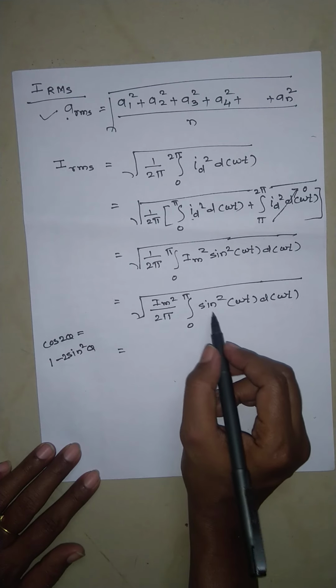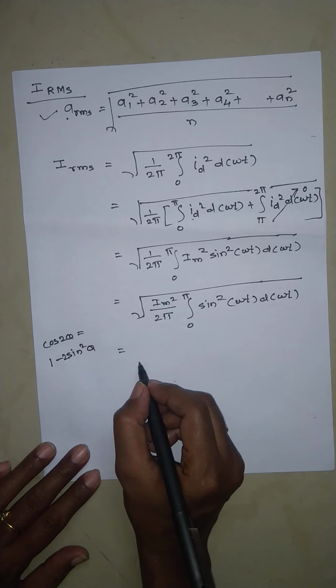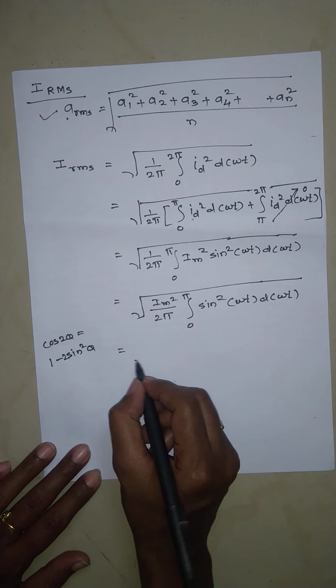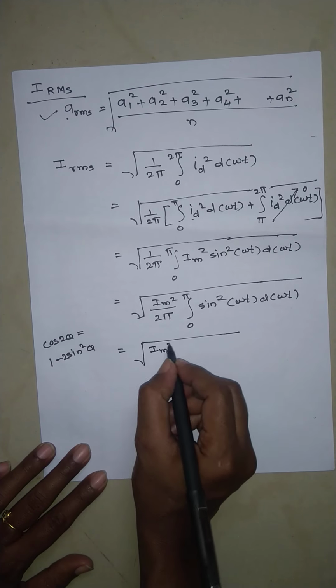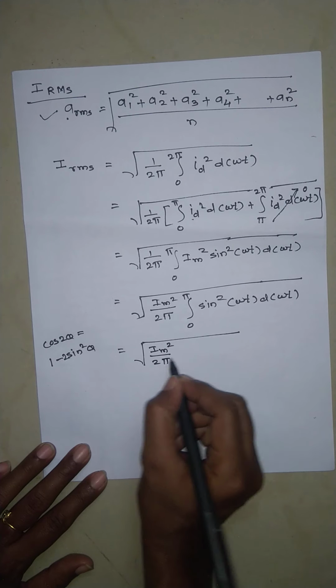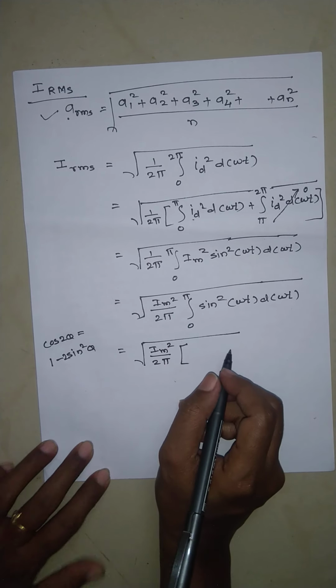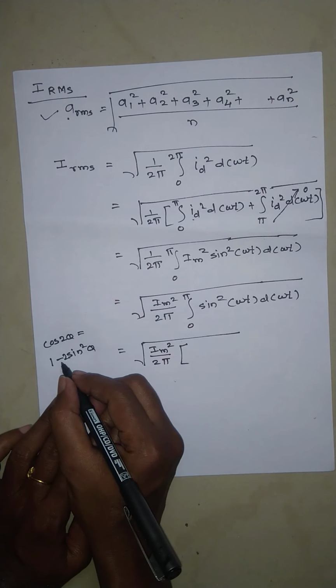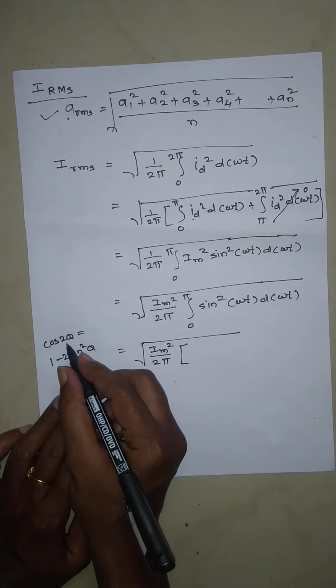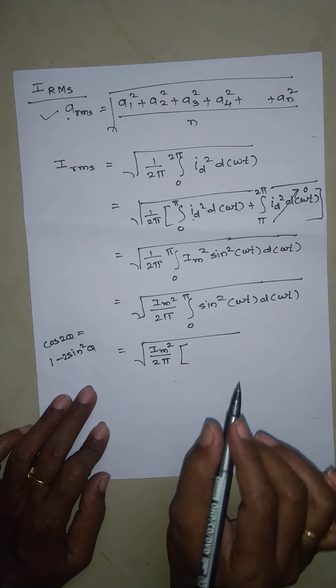If we apply this formula, then I can integrate the terms: under the root of Im square upon 2 pi, integration of (1 minus cos 2 omega t) divided by 2.